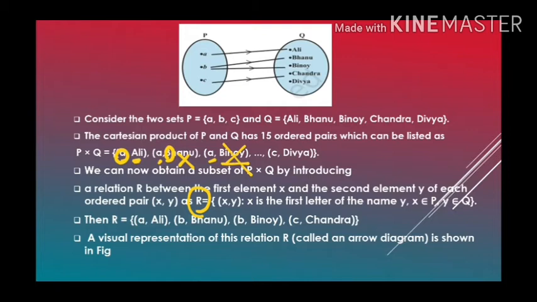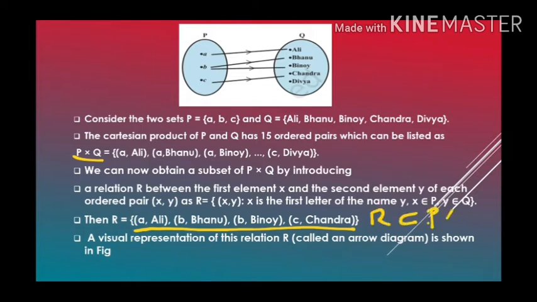In this way, you can form the R set, which is the collection of A Ali, B Bhanu, B Binay and C Chanda. In this R set, the first element is the first letter of the second element, and all the elements of this set belong to P cross Q. So you can easily say that R is a subset of P cross Q.